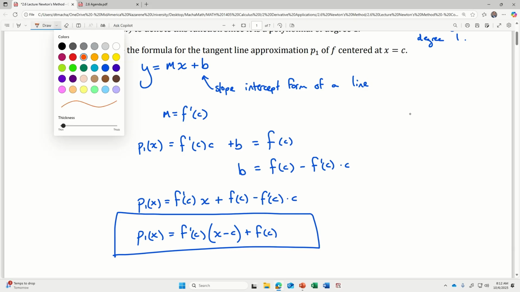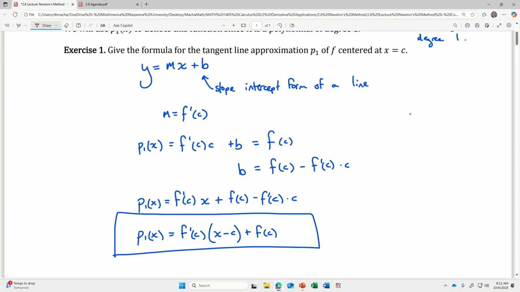That's a more common way to see this written. So you don't have to derive it fresh every time, but if I were to ever ask you to give the formula for the tangent line approximation, what's the tangent line approximation? It's this. So p1 is a function of x.